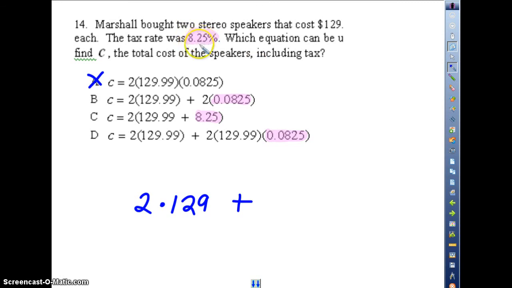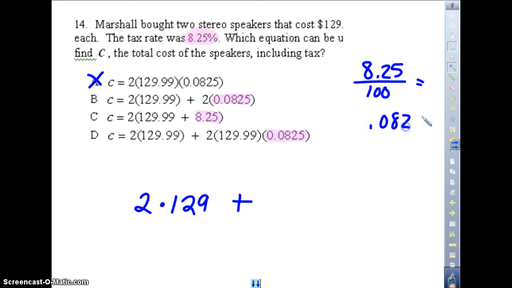You never multiply by a number in percent form. If you take 8.25, throw out the percent sign, you have to put it over 100. And 8.25 divided by 100, well, dividing by 100 moves your decimal point 2 places to the left. So this is the same as 0.0825. Okay? This is a number you can multiply by.